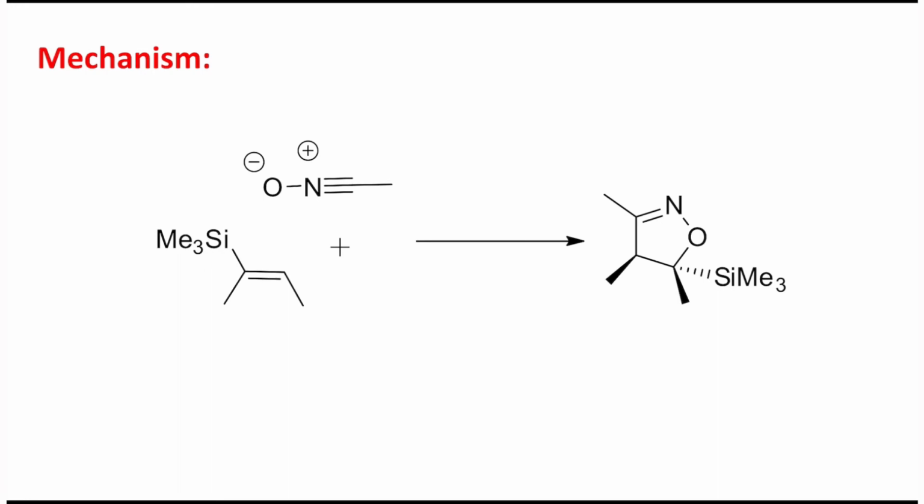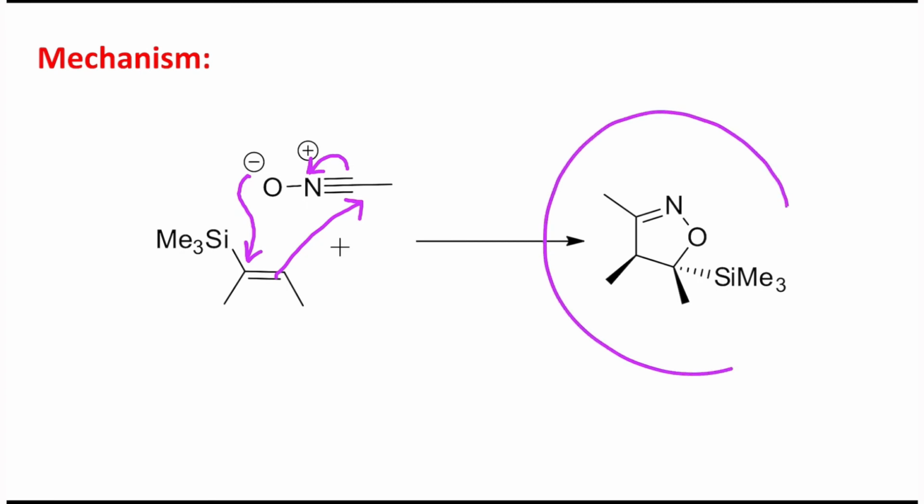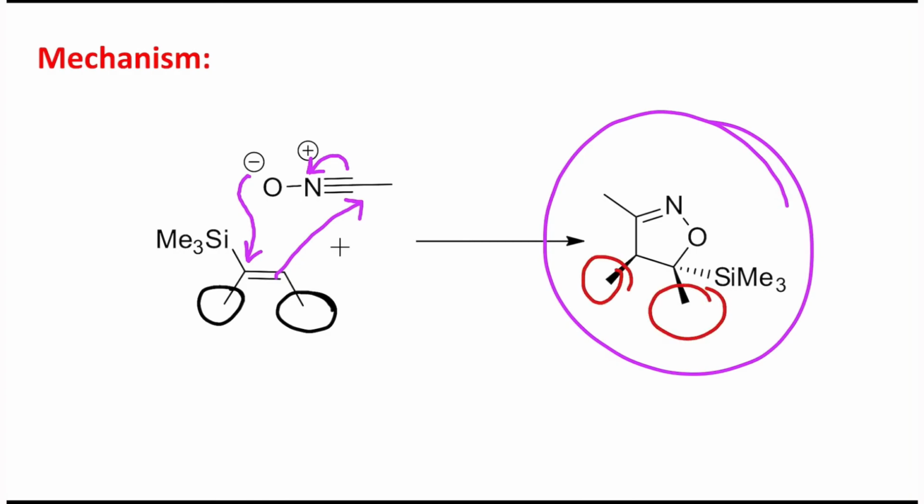This bond can attack this silicon center, and later on it will attack here, and ultimately it will produce this. Another interesting point is that these two groups are in syn position, on the same side, and silicon will go to the opposite side because of this other bond formation, this silicon oxygen.